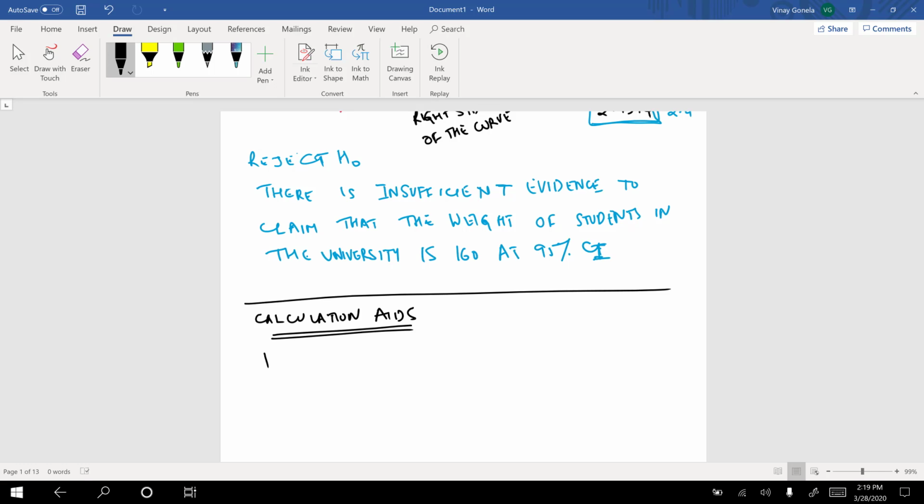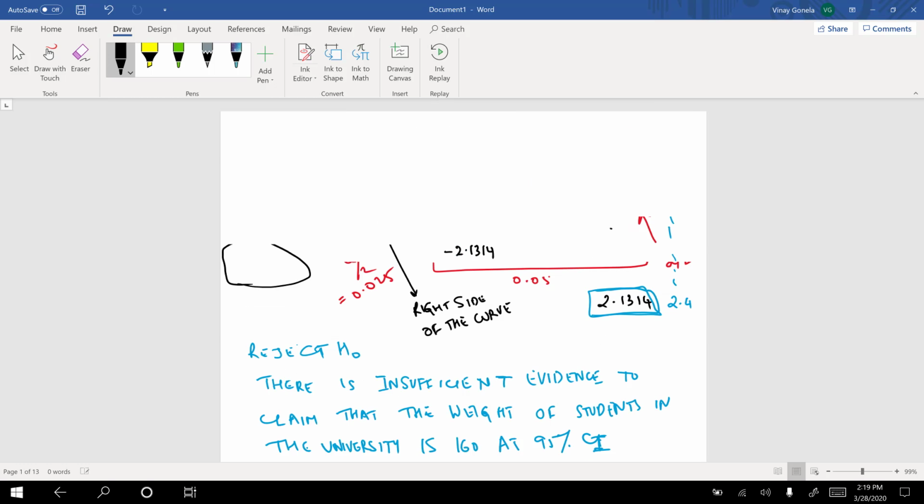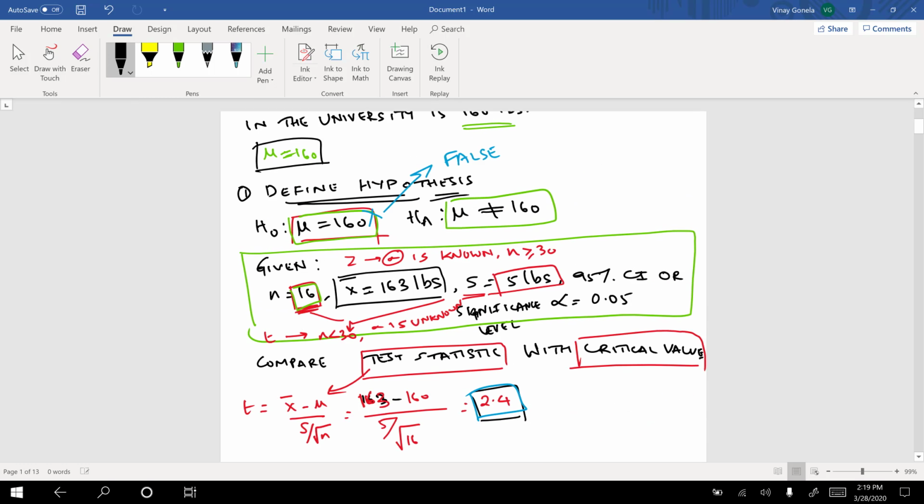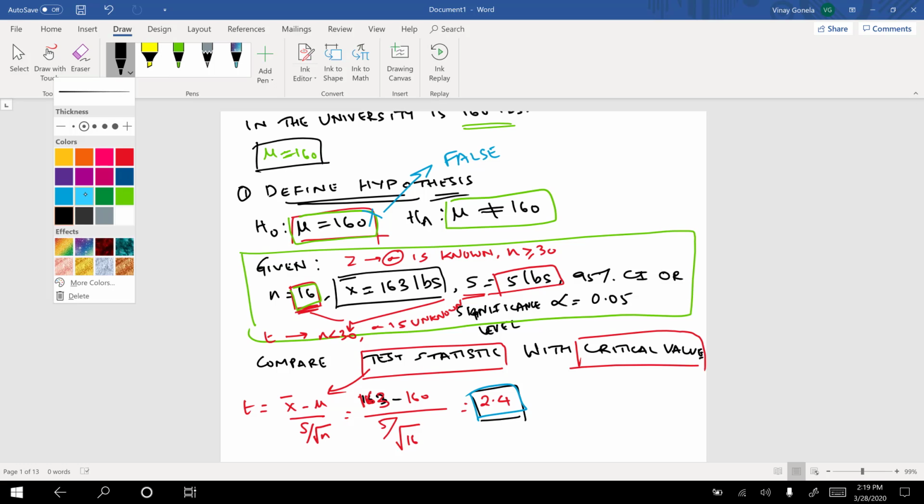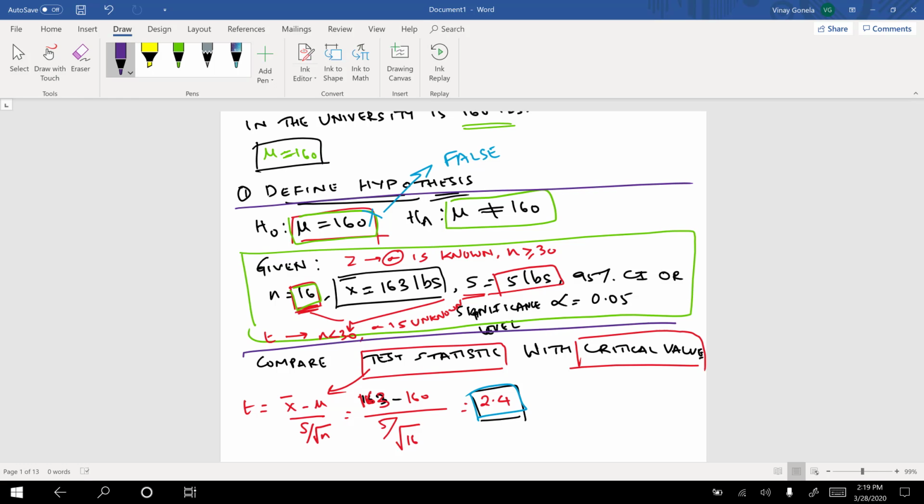We know our hypothesis is mu is equal to 160 and the alternative is mu not equal to 160, and it is a two-tail problem because it's exactly equal to. And then the given data. I'm just copying the question values, this whole thing, for our purpose.